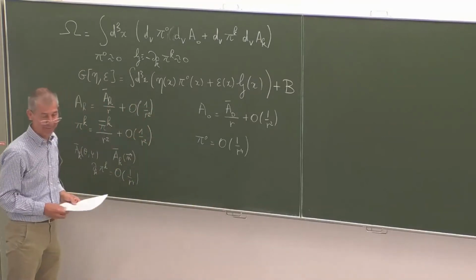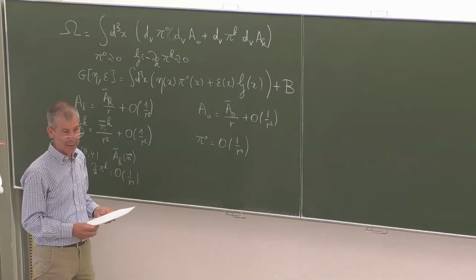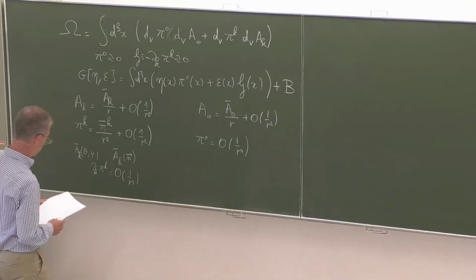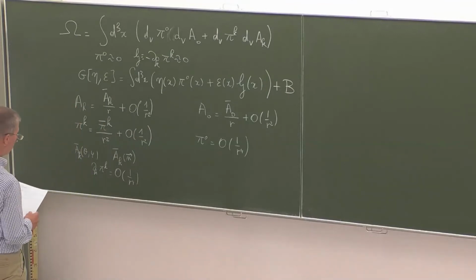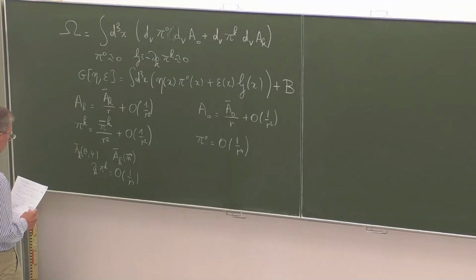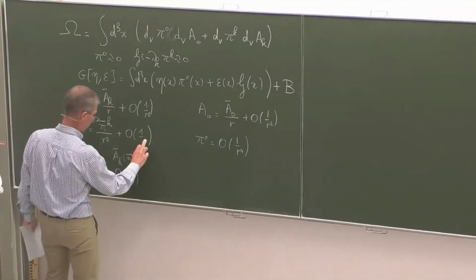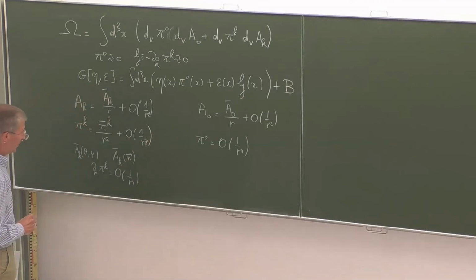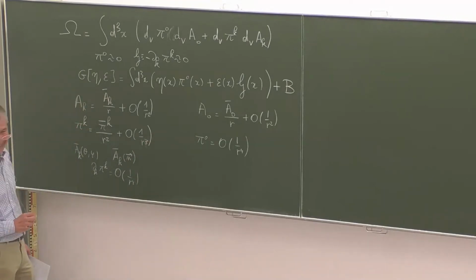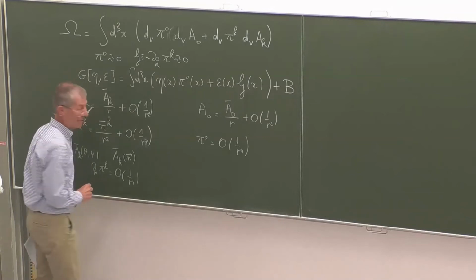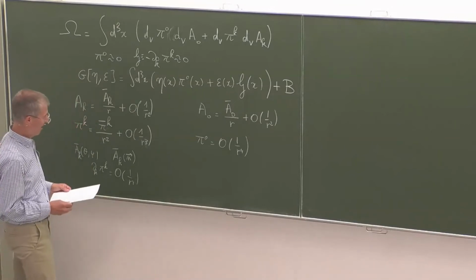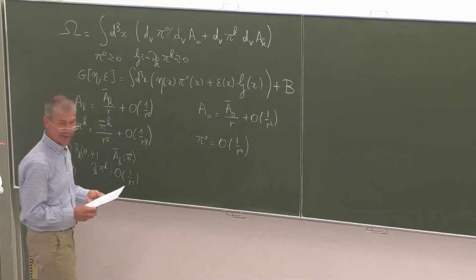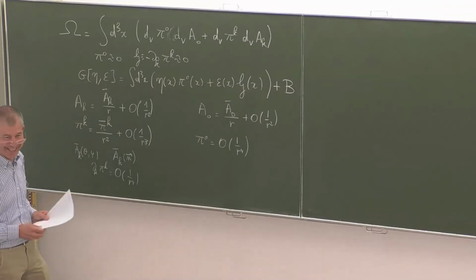But pi k and pi 0 had different orders, right? 1 over r squared and 1 over r to the 4th. Oh, okay, same. Sorry. It was not very meaningful otherwise. I'm sorry. Okay, thank you. You are the only one listening, actually.